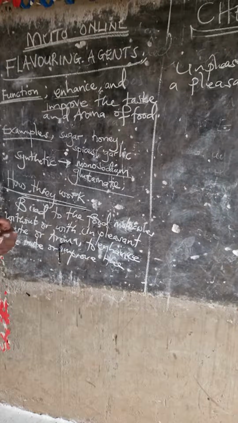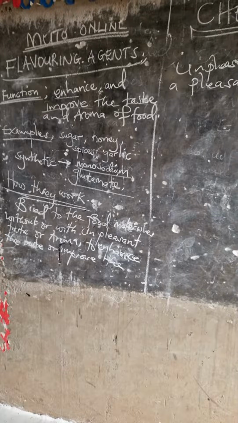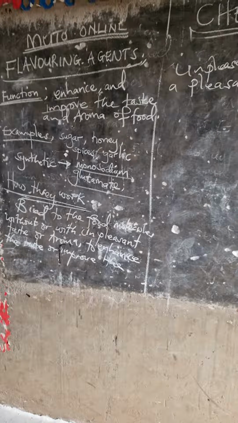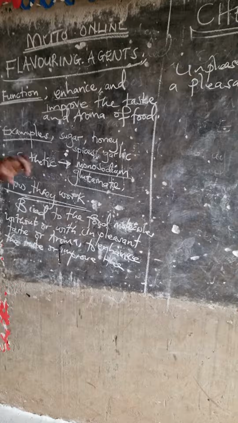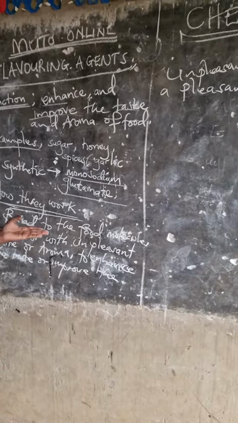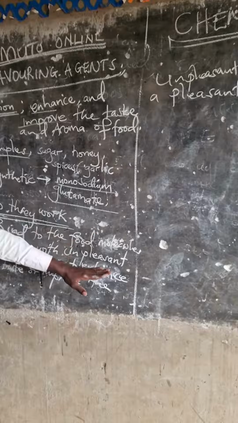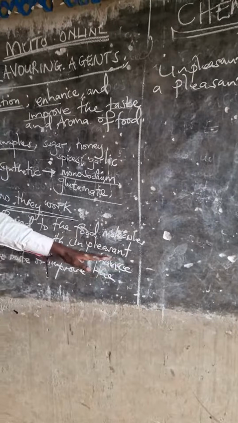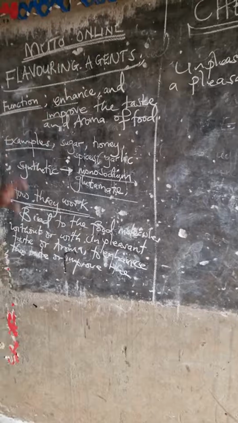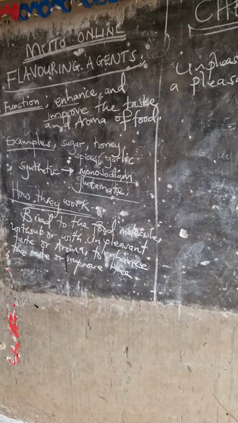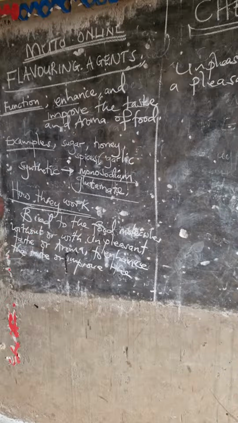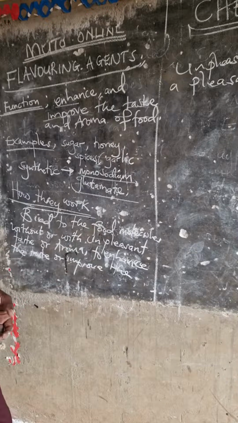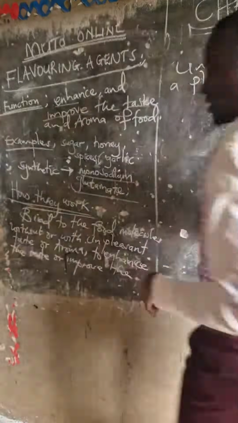They form bonds with the food molecules permanently, so that even when you heat them or add any other additive, these flavoring agents permanently bind to the food molecules, with either no aroma or taste or with any unpleasant taste, to release their taste to that food molecule if it had no taste, or to improve the unpleasant taste the food had to a pleasant one. So that's how they work.